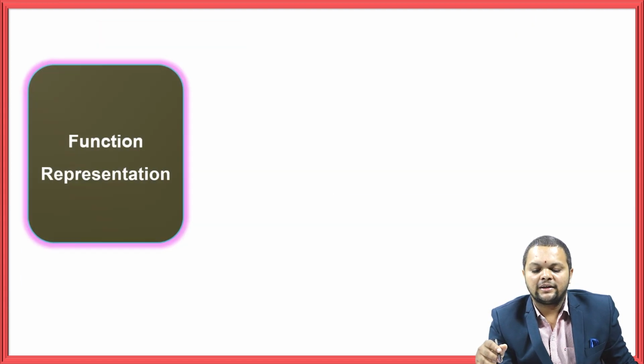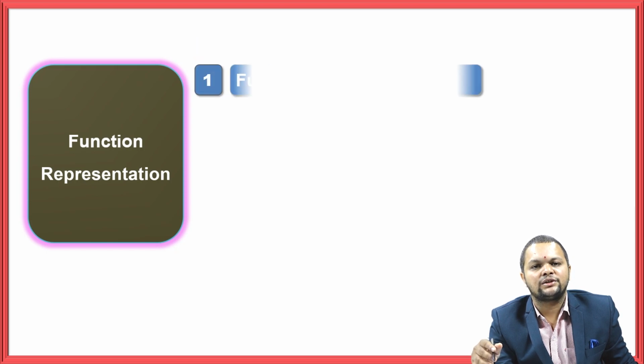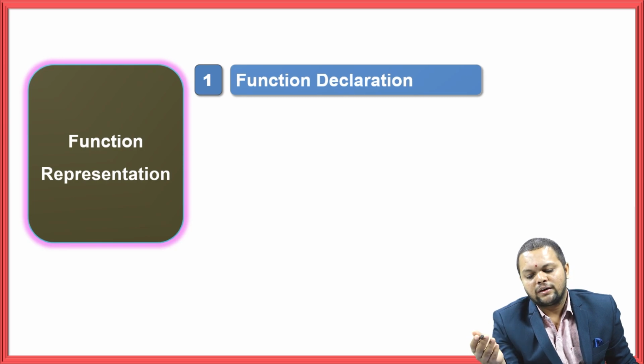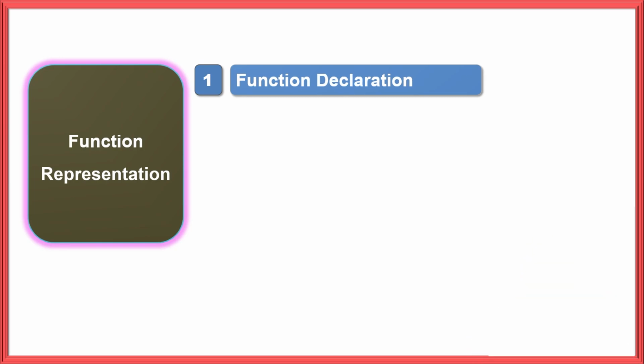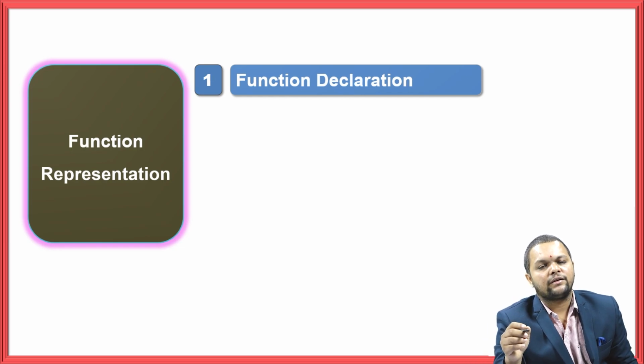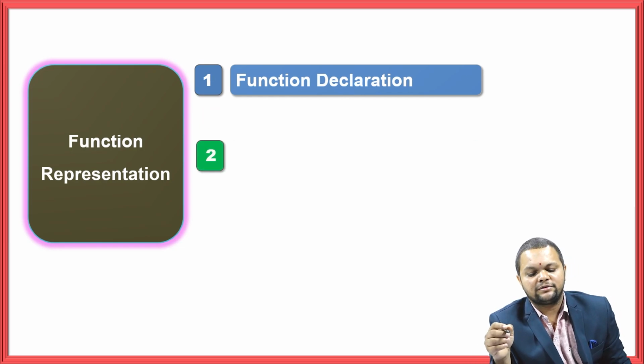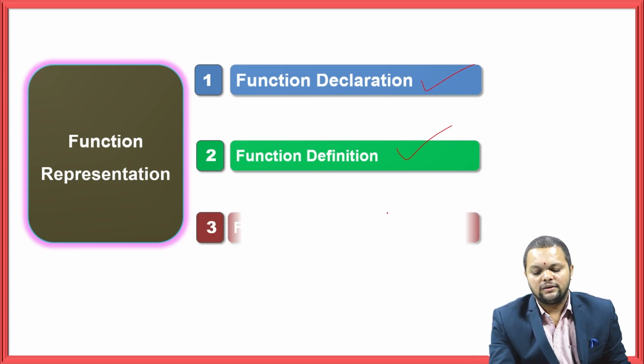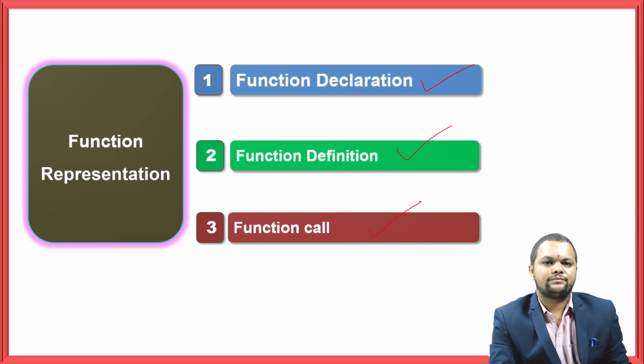We'll go with the next important thing, which is called representation of functions. For library functions, we already have representations, no need to represent. For user-defined functions, we have three types of representations. First is function declaration, second is function definition, third is function call.